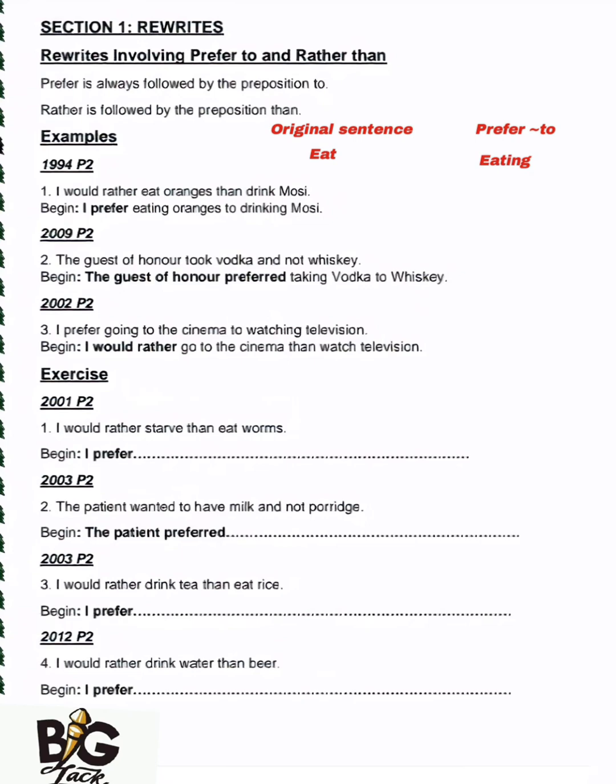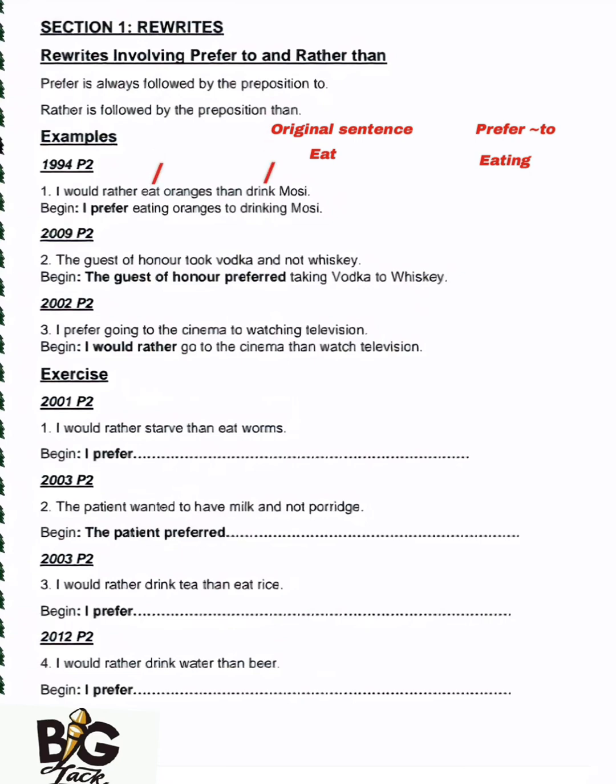For example, the example which came in 1994, paper 2, it was saying, I would rather eat oranges than drink mosi. In this case, we have two action words, or doing words, or verbs. We have eat and also what?